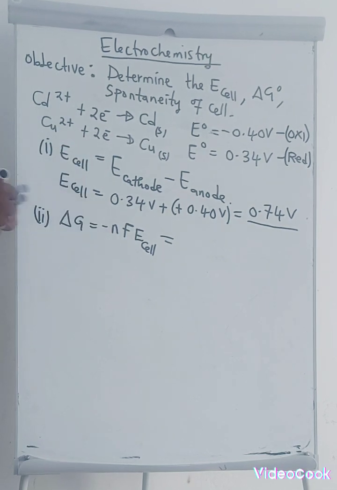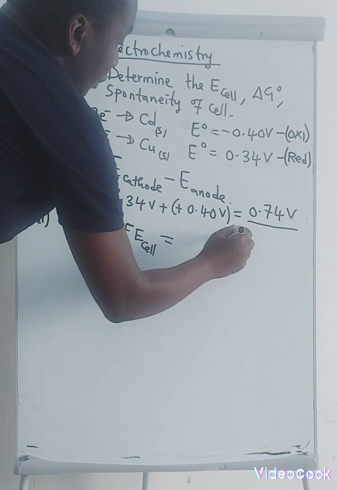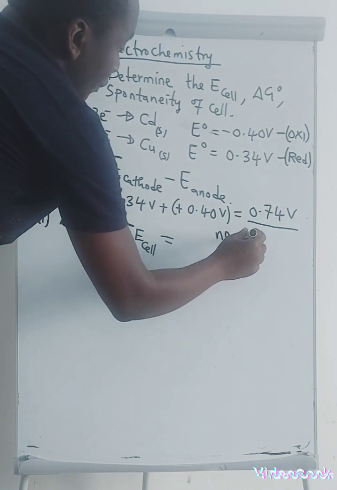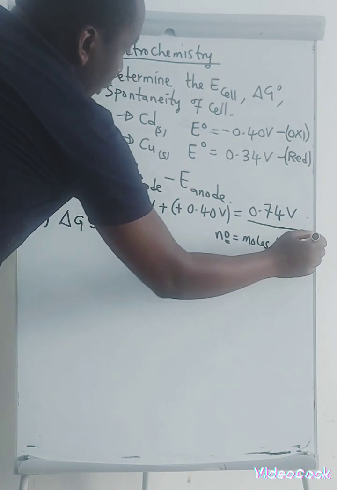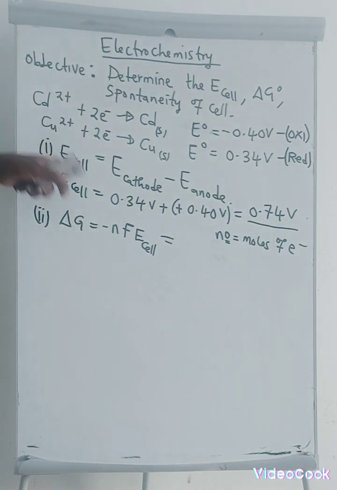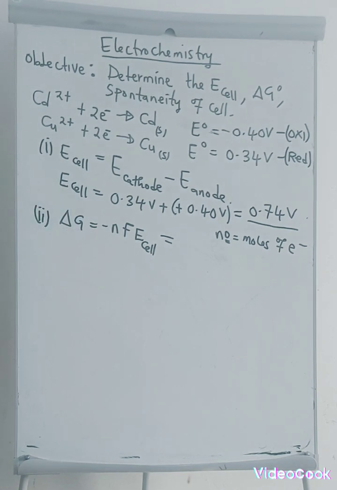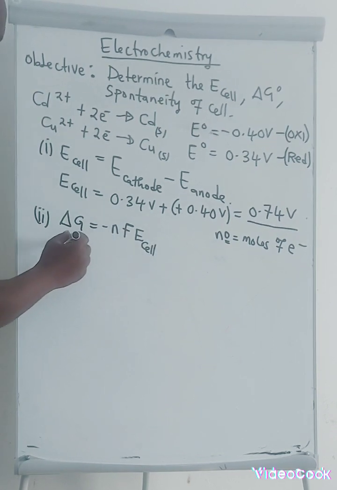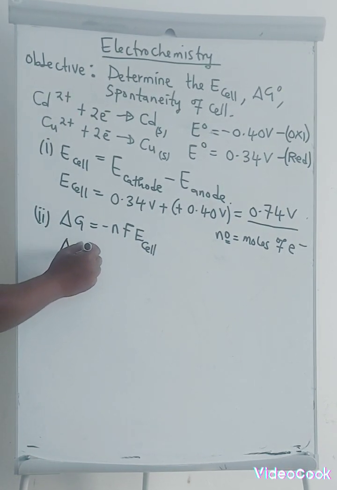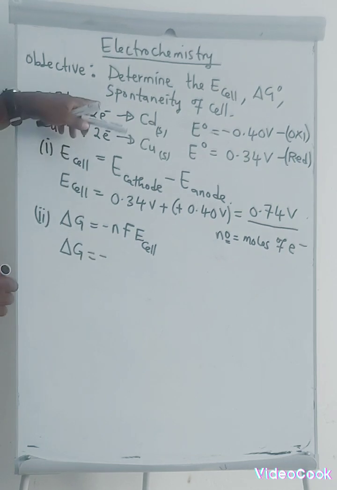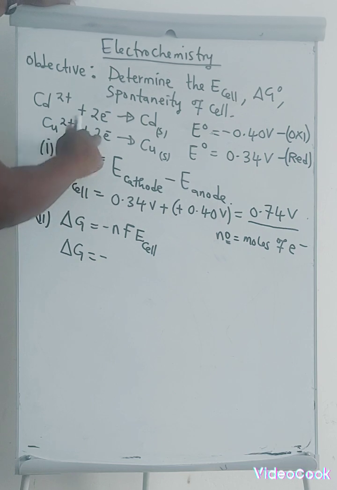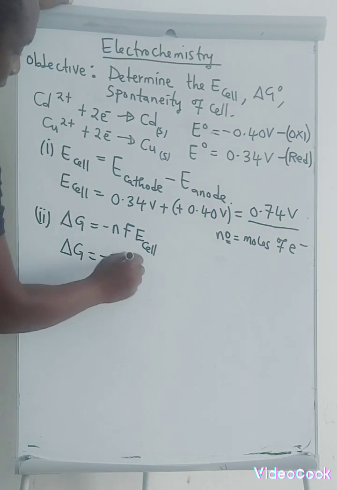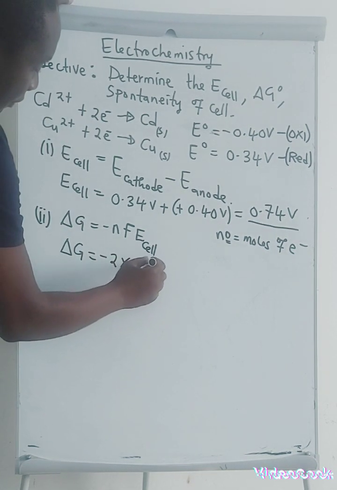So n stands for the number of moles of electrons, F, as usual, is the Faraday's constant, and E is the E cell. How many electrons are there? If we balance this equation, the electrons will be 2, multiplied by F, Faraday's constant.